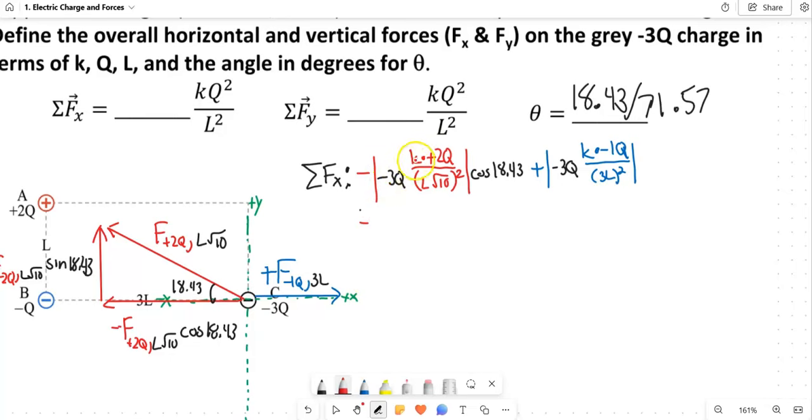I see a 3q times k times 2q, so this is going to be 6kq squared all over L square root of 10. That's going to be 10L squared cosine of 18.43.